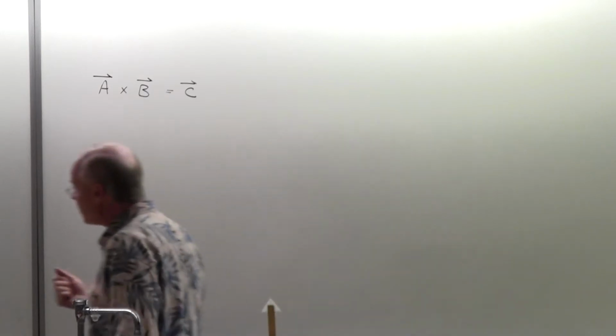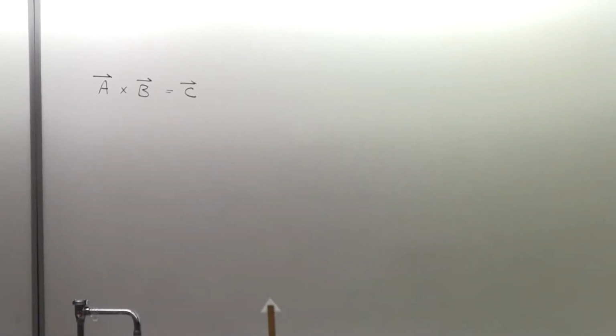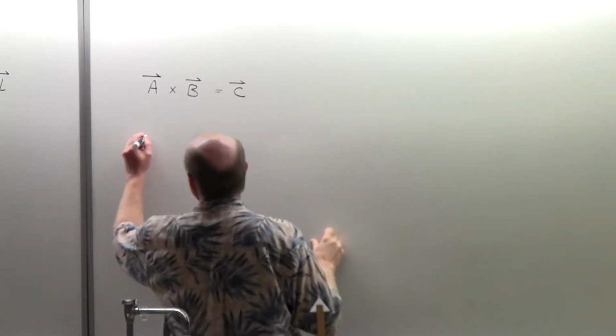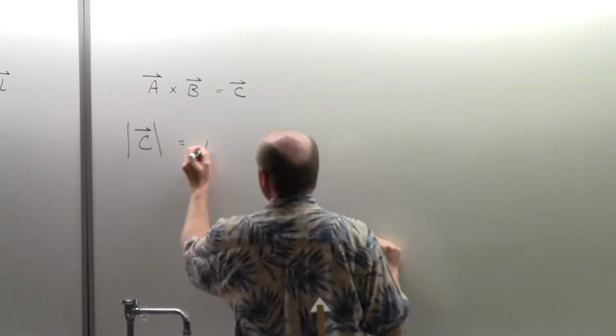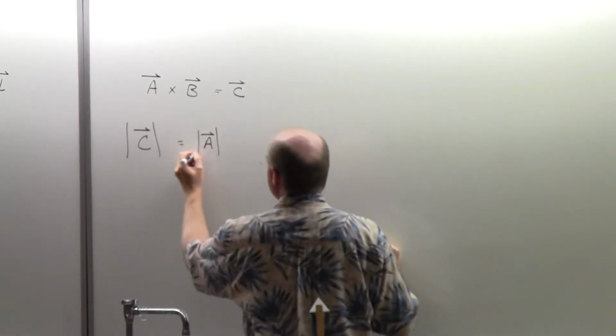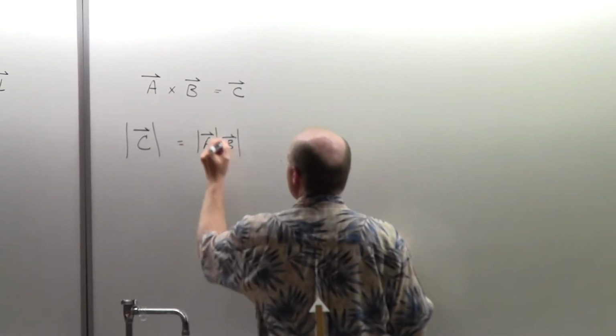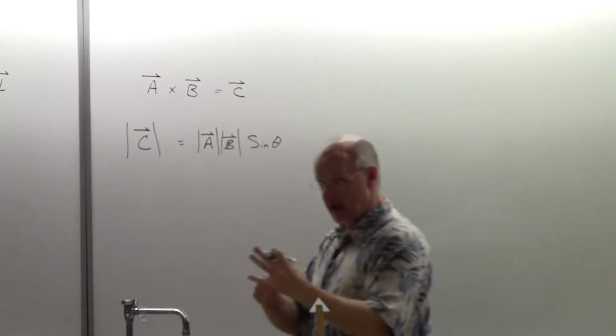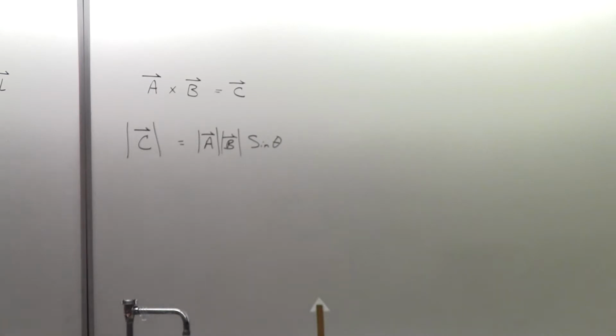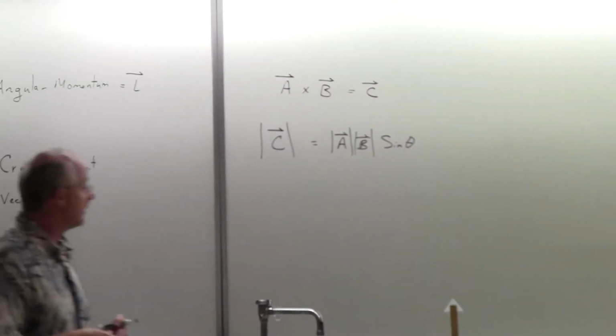Now, the definition is that the magnitude of the vector C would be the magnitude of the first vector, the magnitude of the second vector, but then the sine of the angle instead of the cosine. So you can see the similarities. This would be the magnitude.